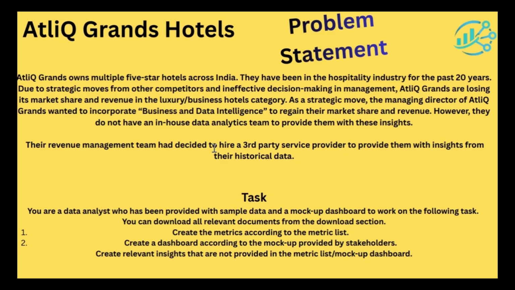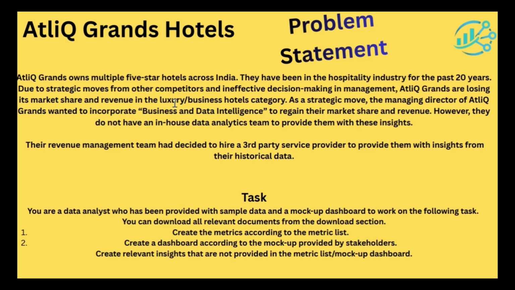So the problem is that there's a brand called Atliq Grands. This brand owns 5-star hotels across India. They've been in the hospitality industry for the past 20 years. Due to strategic moves from their competitors and ineffective decision making in management, Atliq Grands is losing its market share and revenue in the luxury business hotel category.